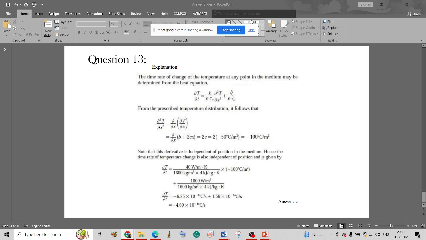And then q dot, the heat generation, it is 1000 watt per meter cube, upon rho Cp, where rho is given as 1600 and Cp is given as 4. So we will just solve it out, and we get minus 4.69, that is option C.